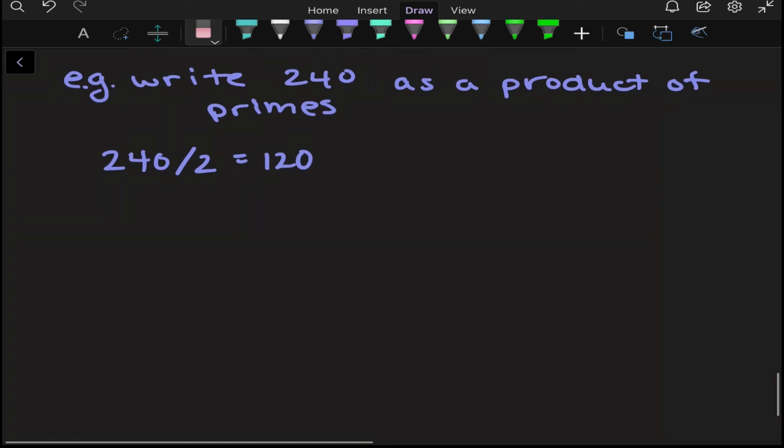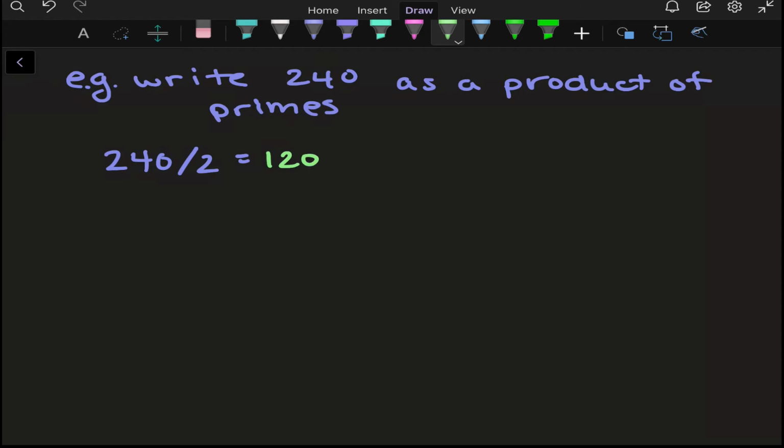Then, 120. And then we're going to take 120, and again, it's an even number, so I'm going to divide it by 2, which gives me 60.